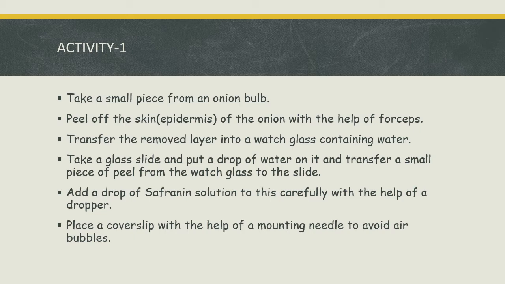From that you transfer 1 or 2 drops onto the center of a glass slide, and you add the dye safranin to this with the help of a dropper. After that you place a cover slip. Make sure there are no air bubbles formed between the cover slip and the solution, otherwise the result will be false.